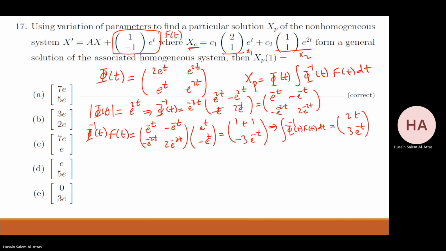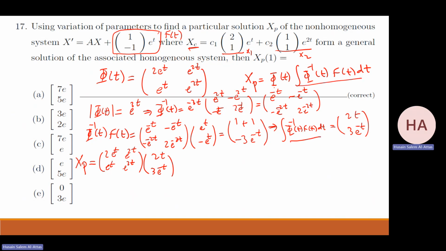Okay. What is xp then? xp will be phi, which is all of this, times this integral, 2t, 3e minus t, using this formula.